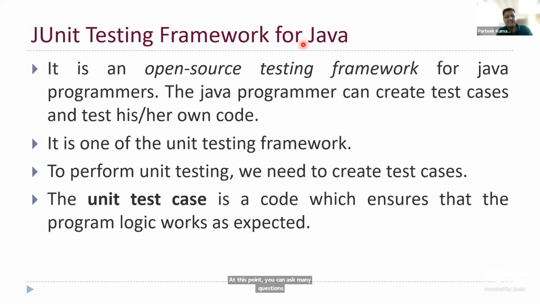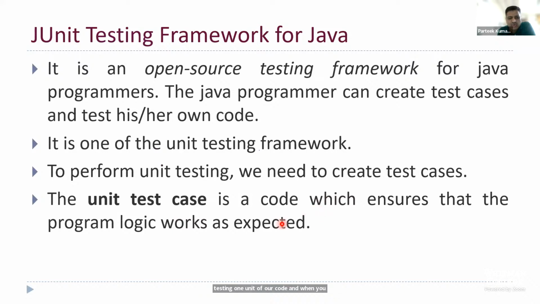After understanding this point, we now move forward to JUnit testing. As we discussed earlier, JUnit testing is used to test one unit of our code. We are not testing the full software, we are just testing one unit of our code.